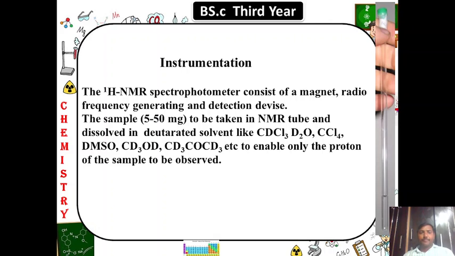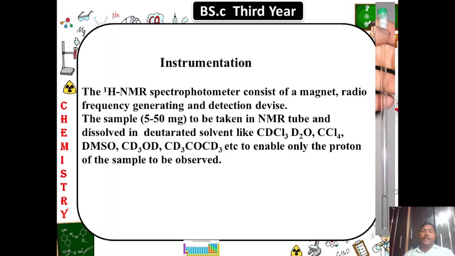Now the instrumentation of NMR. The H1 NMR spectrometer consists of a magnet, a radio frequency generating and detection device. There is also the preparation of the sample.